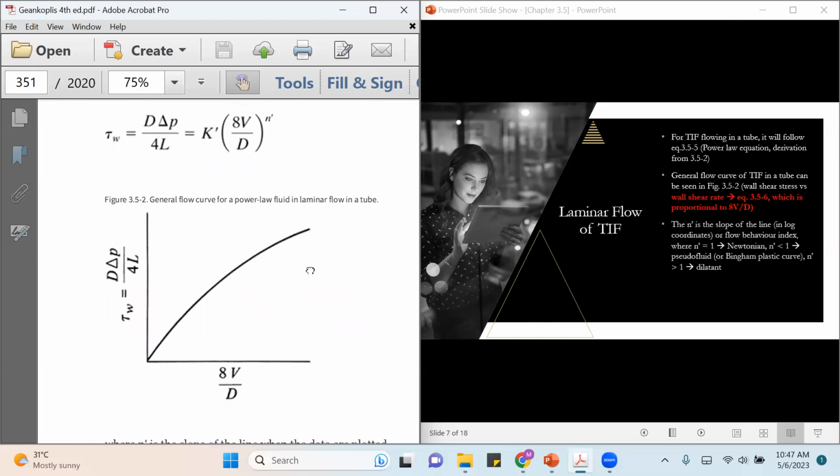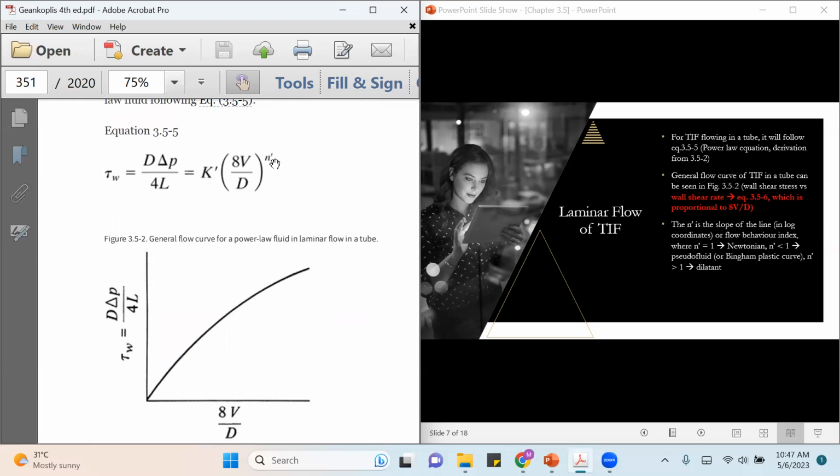Now, maybe you question this: what is this n' or K'? n' is the slope of the line in this figure.